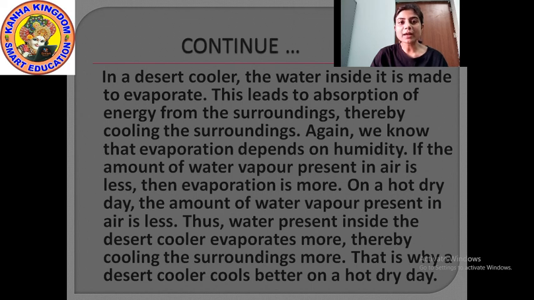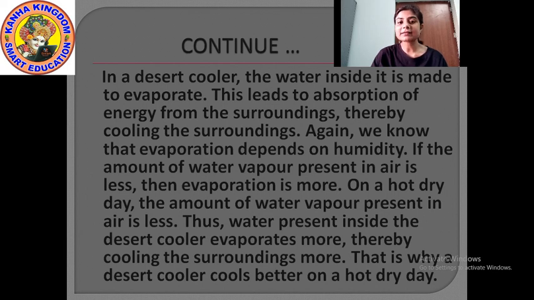If the amount of water vapor present in air is less, then evaporation is more. On a hot, dry day, the amount of water vapor present in air is less. Thus, water present inside the desert cooler evaporates more, thereby cooling the surrounding more. That is why a desert cooler cools better on a hot, dry day.